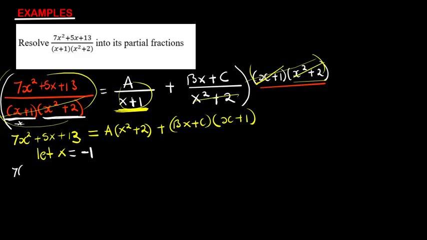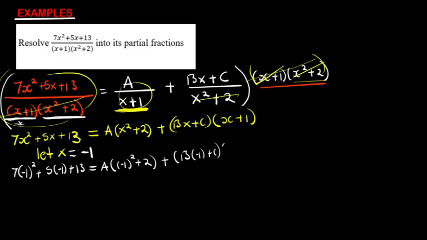I'll say 7 there, negative 1 squared plus 5 negative 1 plus 13 equal to a there, negative 1 squared plus 2, plus b negative 1 plus c, then I'll have negative 1 plus 1. So this means that I'll have 7 there, 1. Then when I multiply this times that, what's the answer?